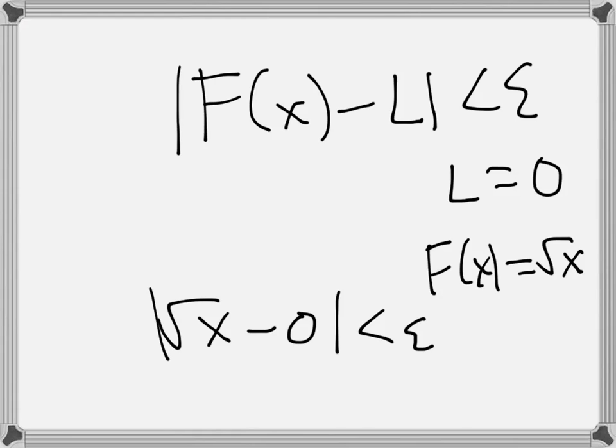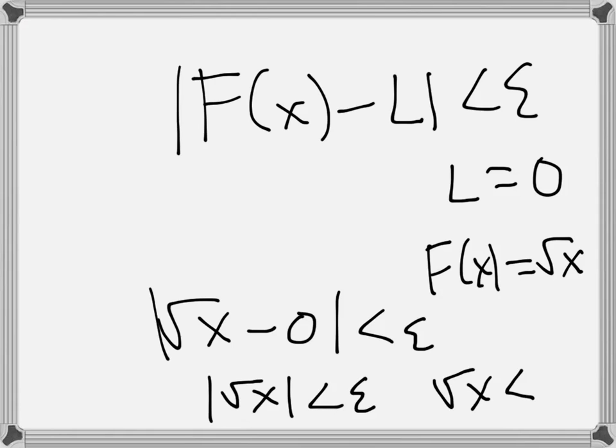So they give us some number epsilon, and we want to show that we can find an x region where the square root function in absolute value is within that region. Now notice, again, I can write absolute value of the square root, but square root only puts out positive numbers. So I don't need the absolute values again.